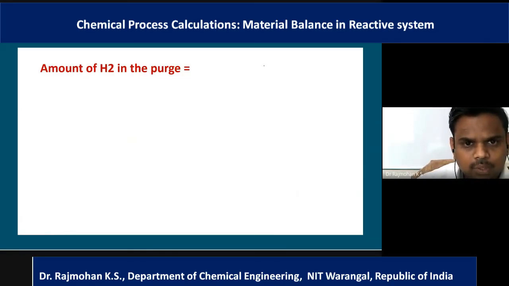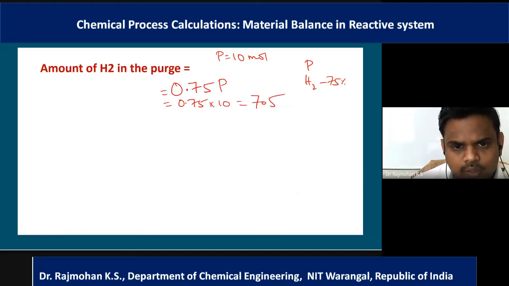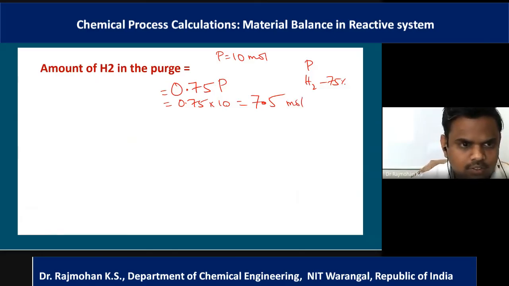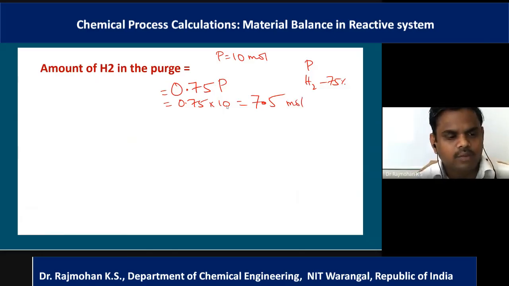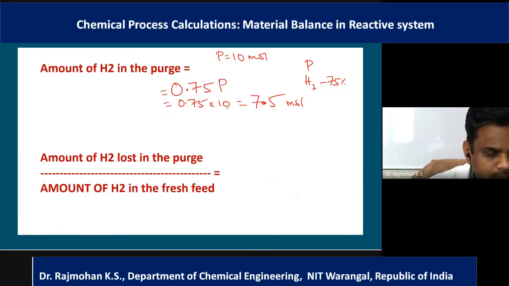The purge composition is H2 75 percent. So the amount of hydrogen in the purge is equal to 0.75 into P, which is 0.75 into 10 moles, equal to 7.5 moles of hydrogen. So the amount of hydrogen lost in the purge is 7.5 moles.